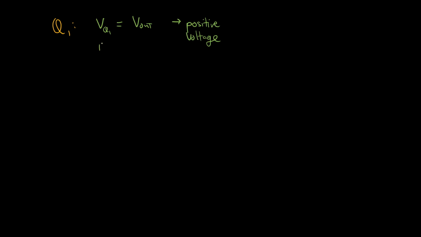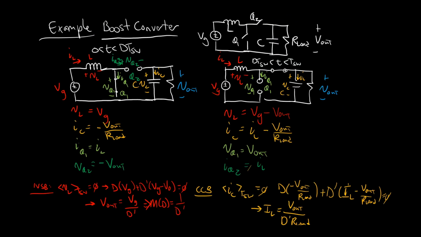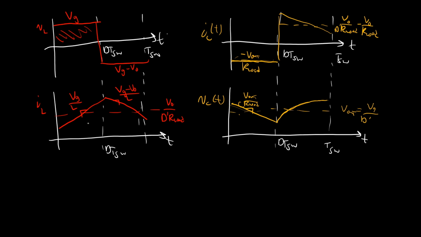And then the current that it must conduct, sometimes we like to think about the RMS current. When it's on, it's conducting the inductor current. If we want to consider the RMS of this part, IQ1 is conducting this current when it's on, this trapezoid current.